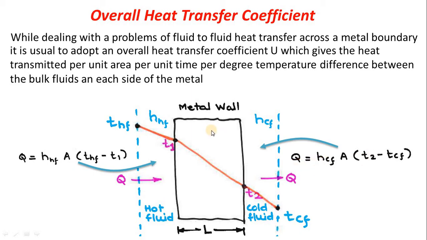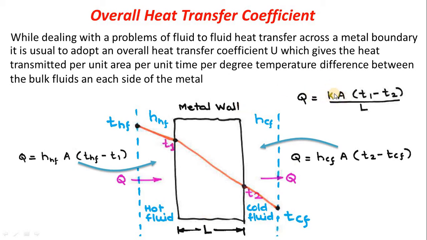And what is the formula for Q which we are going to use for the metal wall? By taking these two temperatures T1 and T2, it is equal to KA (T1 minus T2) divided by L. L means the thickness of this wall, and A means the cross-sectional area, since we have to take the area perpendicular to Q, this vertical area.